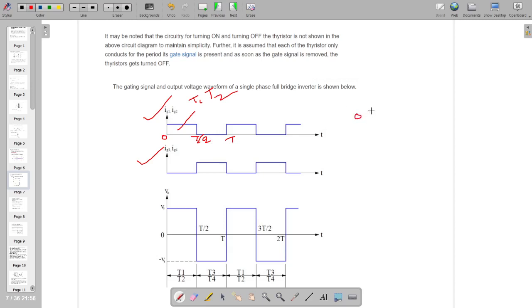First condition, 0 less than t less than T by 2. During this period, thyristor 1 and thyristor 2 are in on condition.